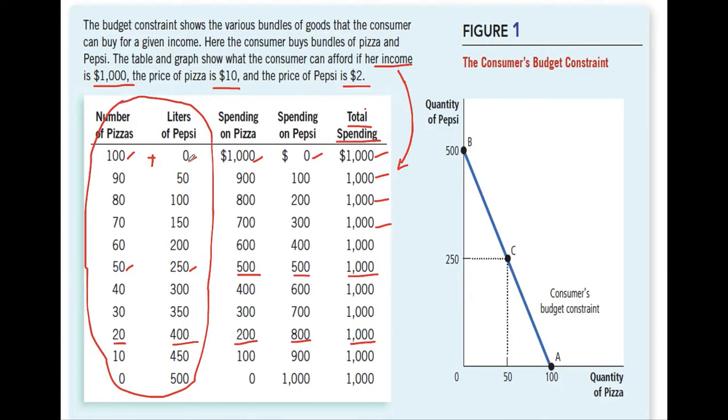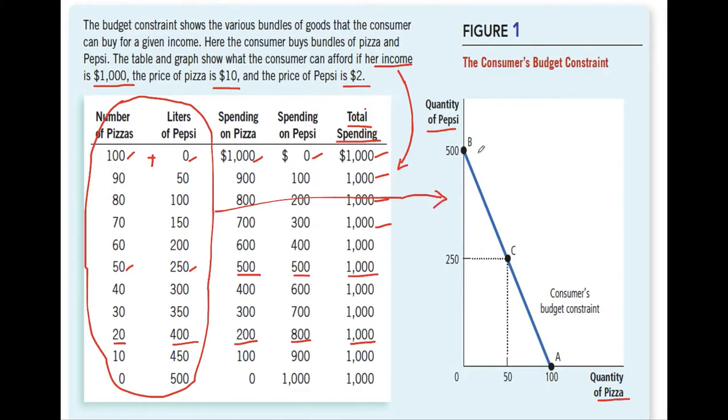Okay, let's try to draw the curve of these combinations, and let's put on the y-axis the quantity of Pepsi, and on the x-axis the quantity of pizza, and we put all these possibilities on a graph.